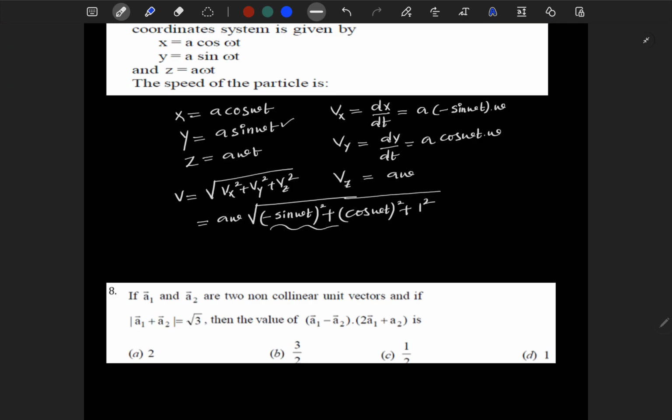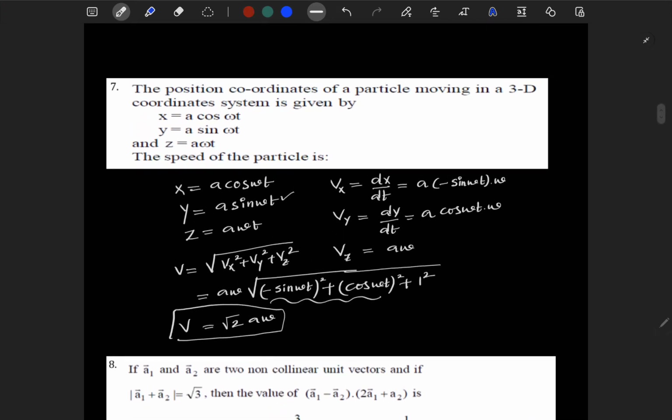So you should know that this is 1 because sin square omega t plus cos square omega t is 1, and 1 plus 1 is 2. Hence the answer is root 2 times a omega. Options are not mentioned here, but you can note this, that this is the answer for question number 7.